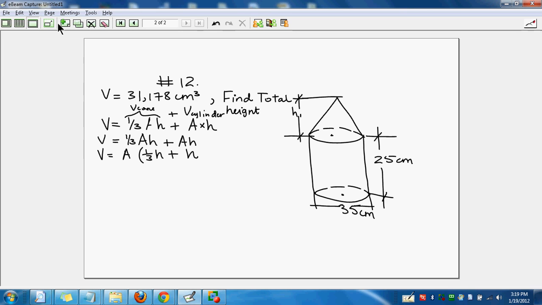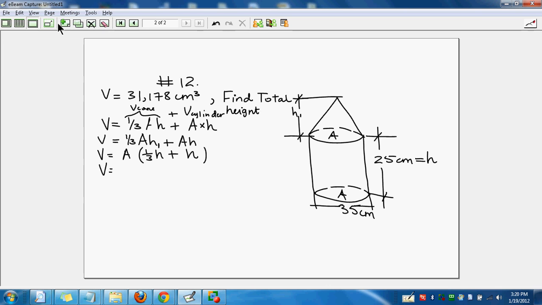Now this H here is the height of the cone, which would be H1 really. That's the height of the cone. And this H here is the height of the cylinder. Let's put that there, so we wouldn't get confused. So now let's see what we have. V is equal to the area A here, which is the same thing as A here. A squared. Why would it be A squared?